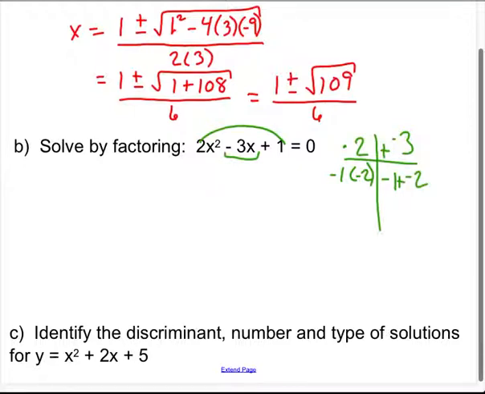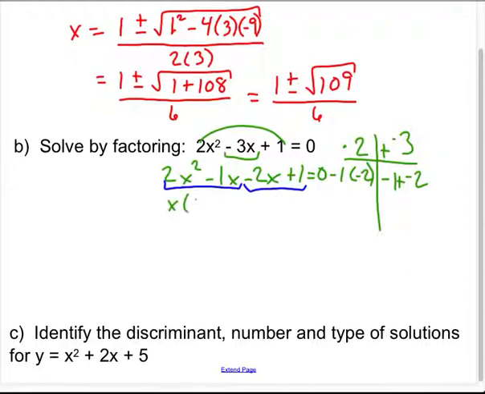So what we do with those two numbers is we have to split up our -3x as -1x minus 2x in order to factor, and then we factor by grouping. So we're looking at this group separately from this group. From my first group, the common factor is an x, leaving us with 2x minus 1.